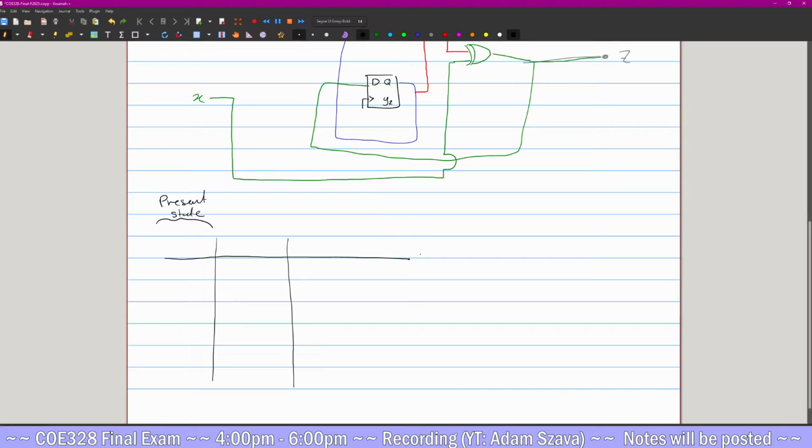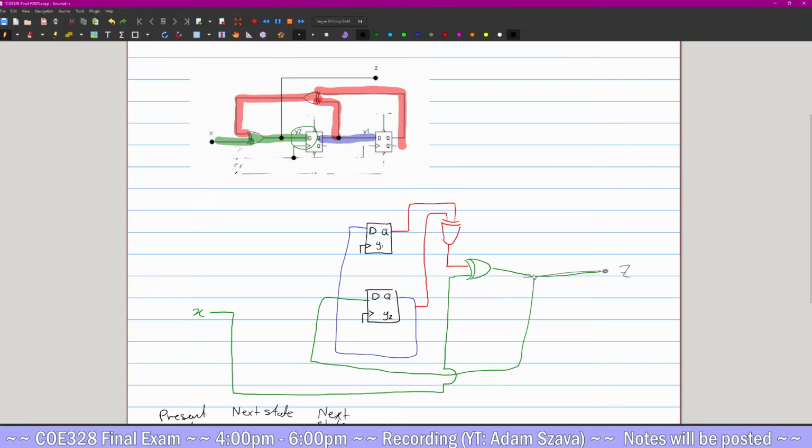We can have another column here. There are a lot of ways to write this, but this is like next state when X is 0, and we can have next state when X is 1. And then we can have our outputs.